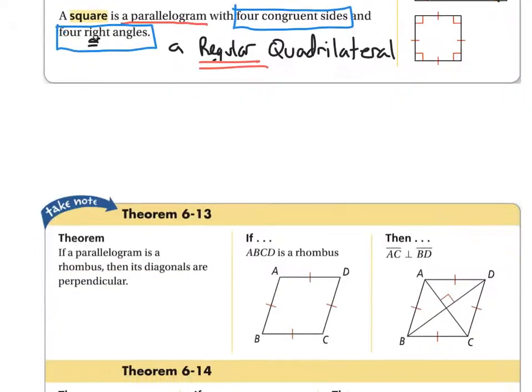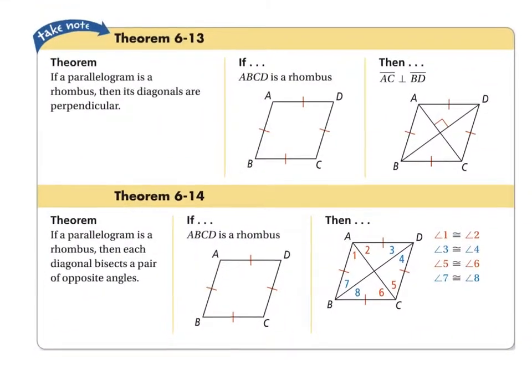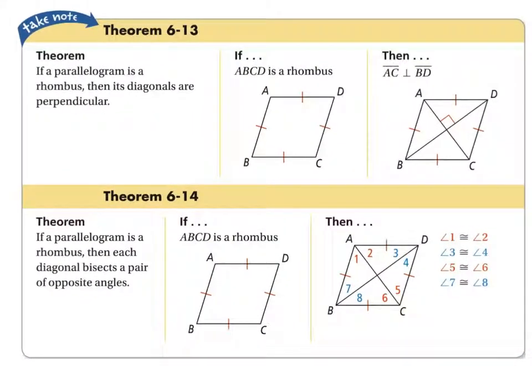So if we look down the page here, we have 2 theorems. Theorem 6-13 and Theorem 6-15, or 14, excuse me. These both deal with rhombuses. So 6-13 says that if a parallelogram is a rhombus, meaning it has all 4 congruent sides, then its diagonals are perpendicular.